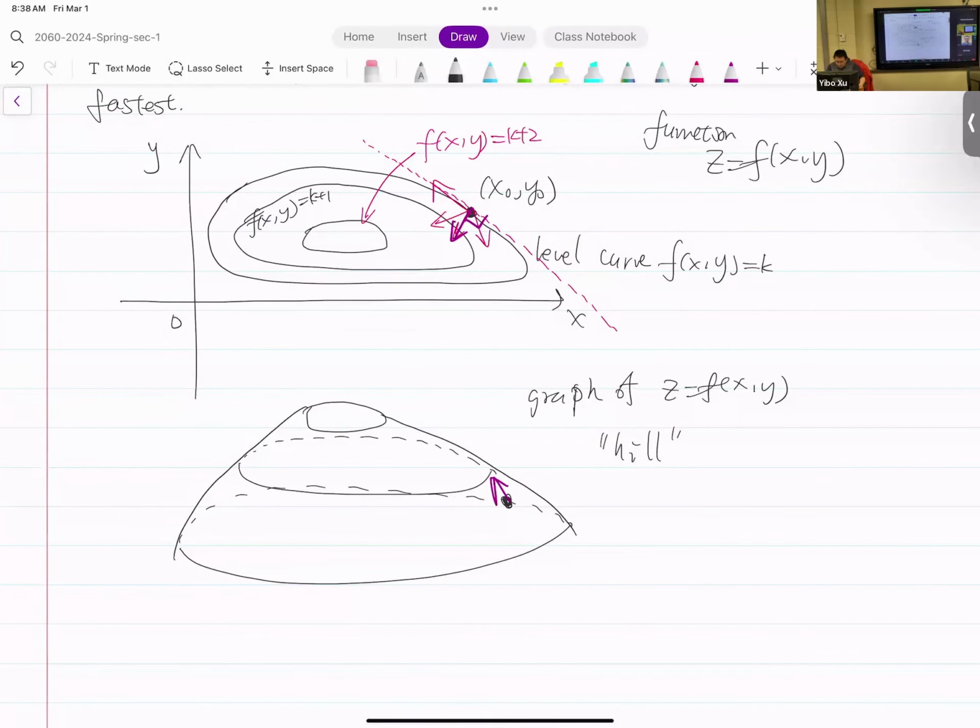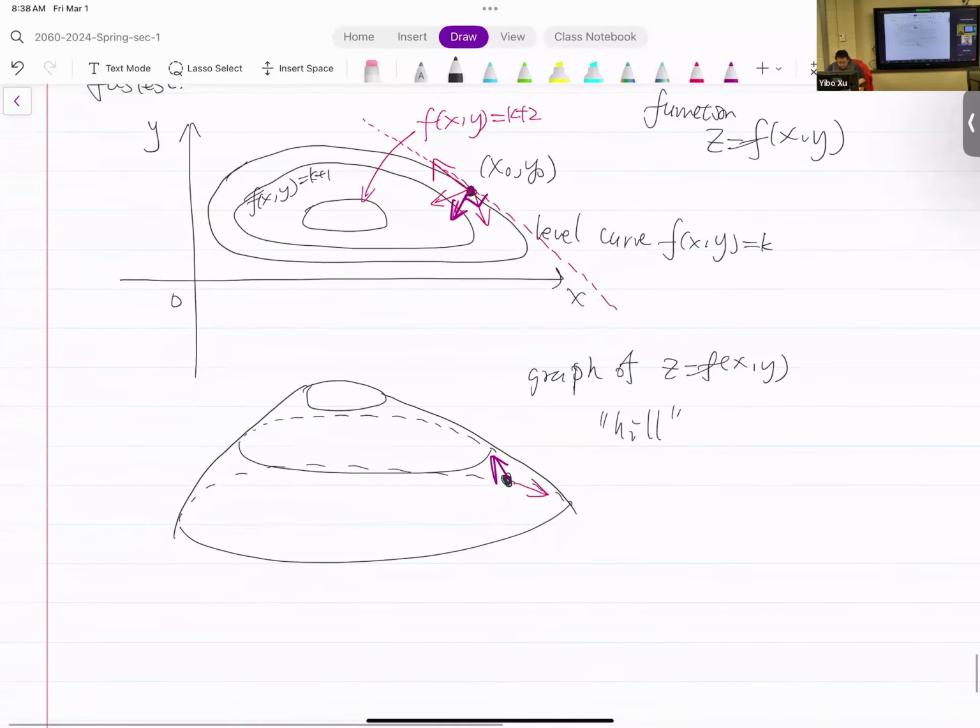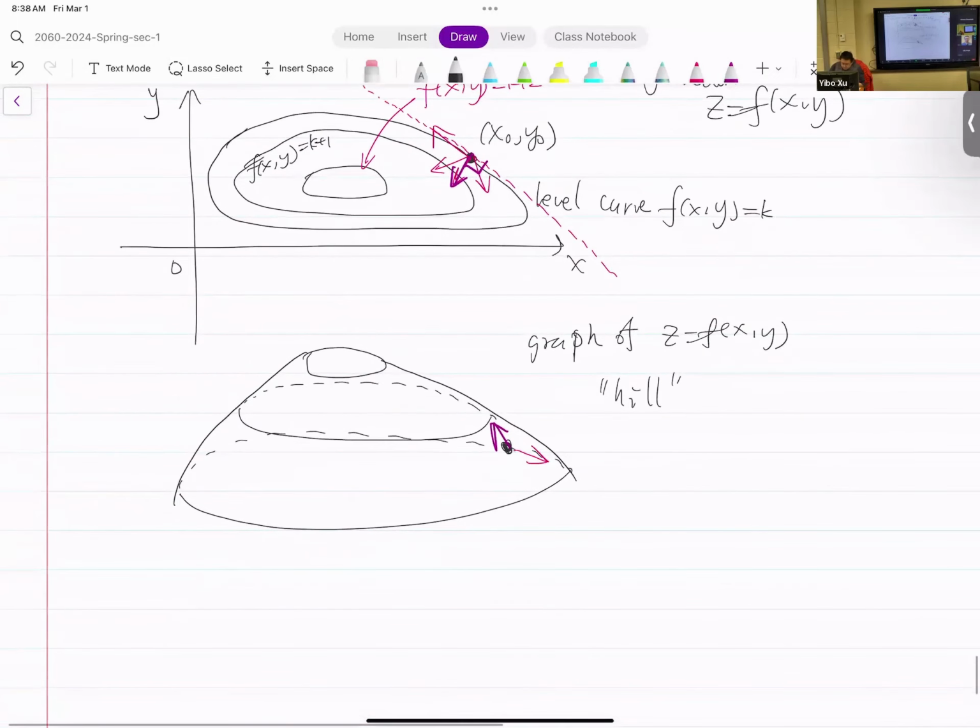And then of course, if you're going along the level curve, the contour curve, that's just going to be along the contour.